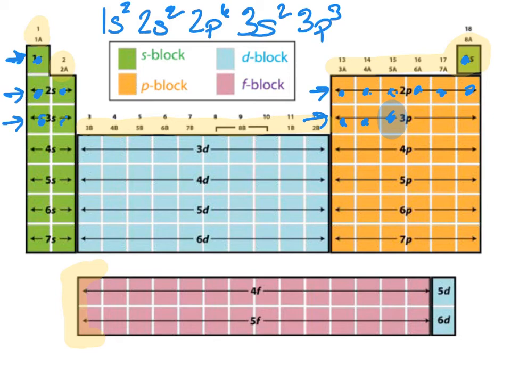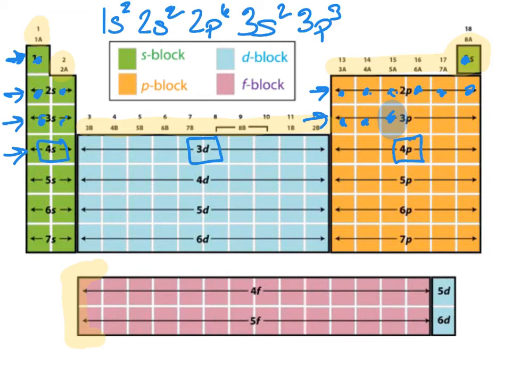So again, you can do this without the P, S, D labels. It's pretty easy to see how this corresponds to the shape of the periodic table. The one thing you want to keep in mind is that by the time you get down to the 4th row, you have 4s, but then the transition metals actually start with 3d. So this is where that orbital overlap comes in.